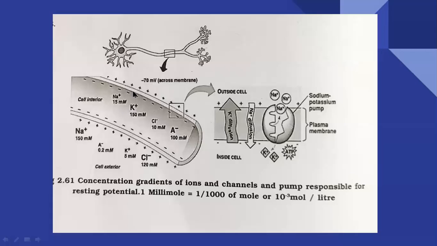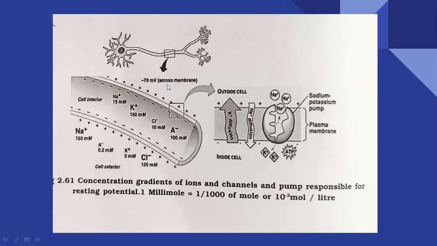These two liquids are separated by the neurolemma, or plasma membrane of the neuron. The neurolemma separates the extracellular fluid from the intracellular fluid, and this intracellular fluid is nothing but the cytoplasm of the neuron.